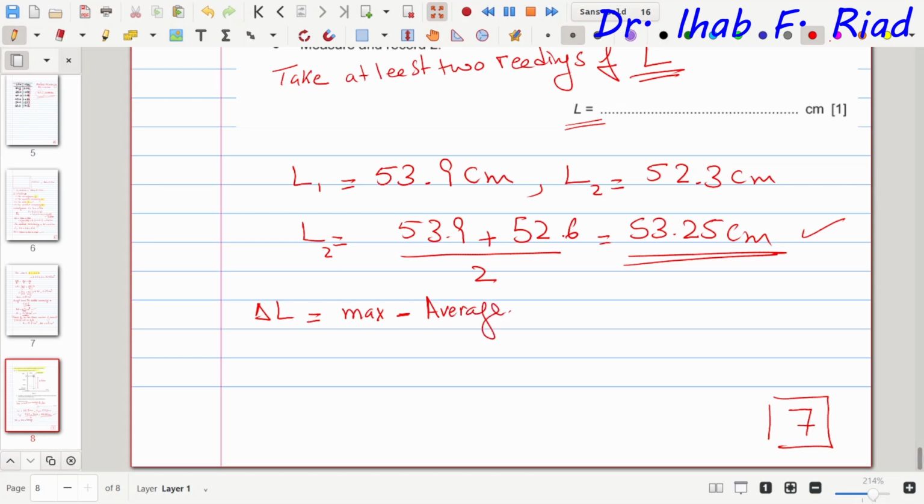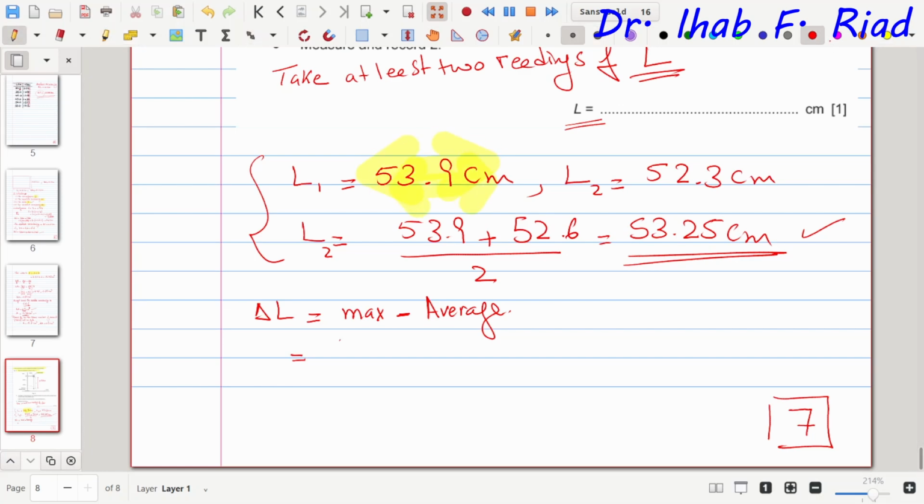Delta L, the absolute uncertainty in this kind of measurement, when you take more than one reading, is going to be the maximum minus the average. So in those two readings, what is the maximum value, or what is the highest value? It is 53.9.